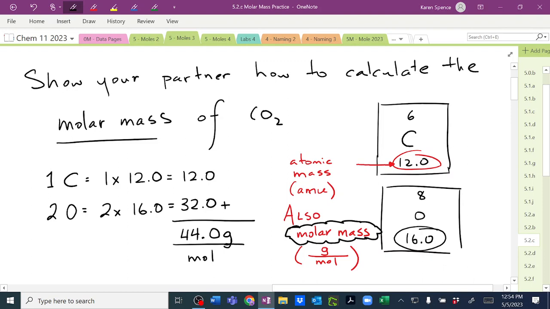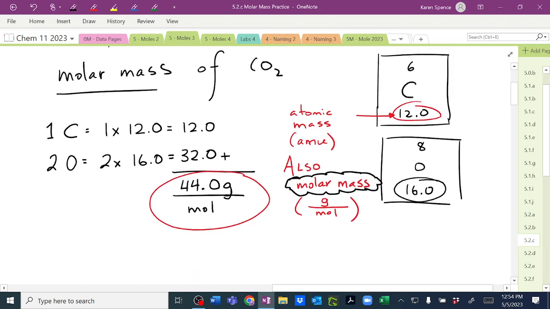You now have one unit on top of another unit. What do you think that's good for? One unit on top of another unit. It's a wonderful unit conversion. It's a wonderful conversion factor, okay? Molar mass is a great conversion factor. Tell your partner what units we are converting if we're using molar mass.